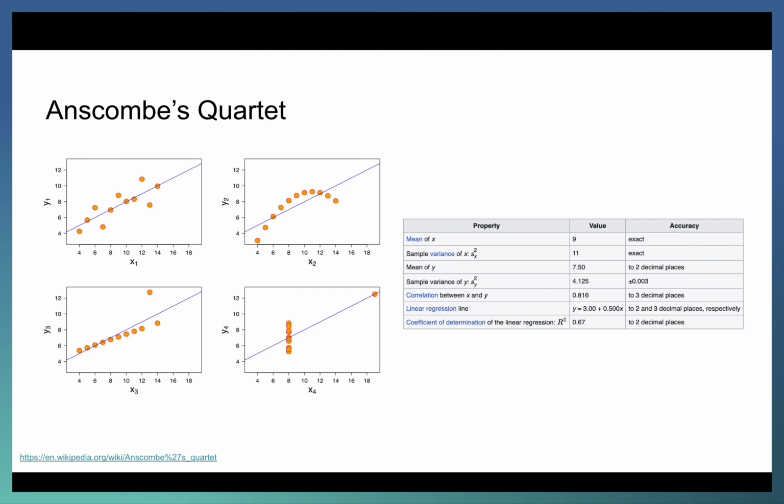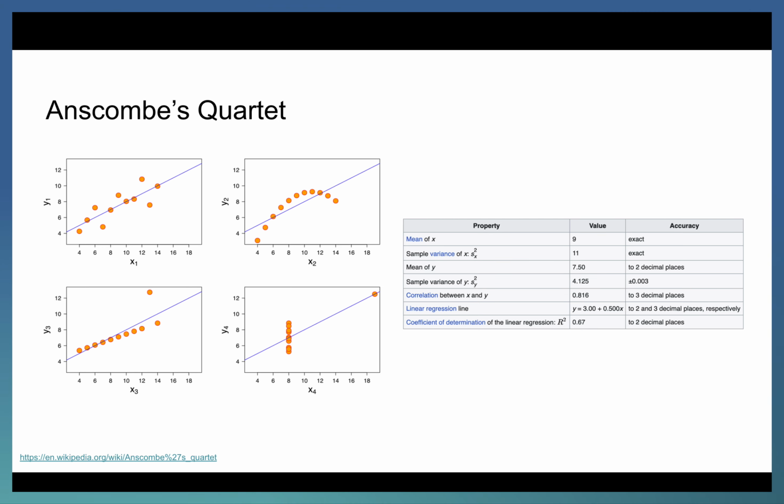A very relevant example of this problem is what is called the Anscombe's quartet. Anscombe is a statistician who invented this fictitious data set. So what is the Anscombe's quartet? Well, it's a collection of 4 separate synthetic data sets, the one that you see in these 4 quadrants.